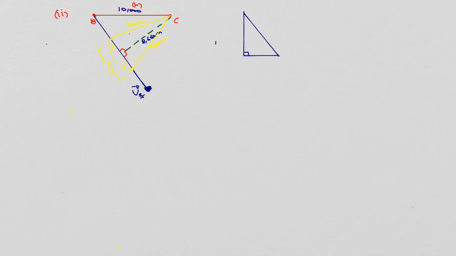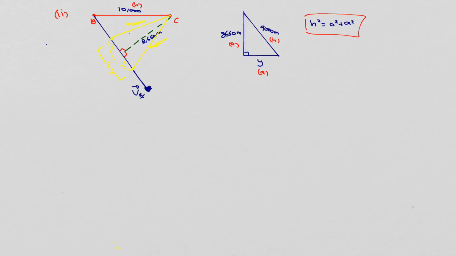So we have 8,660, and then the hypotenuse is 9,000, that's metres. And then y is our base. So if we're doing Pythagoras, we have our hypotenuse and our opposite and our adjacent.